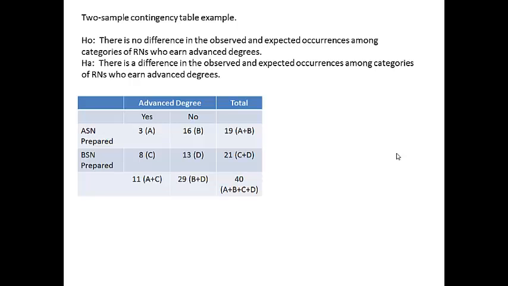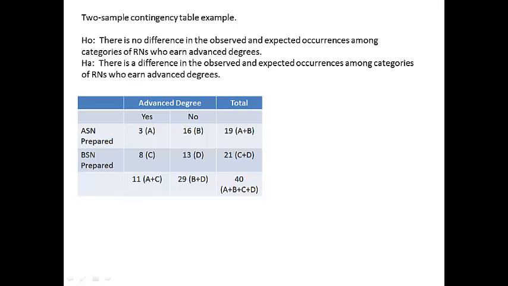We write our research and null hypothesis to reflect that research question, and we set our level of significance at 0.05, and then we write a contingency table. We can simply do yes or no here, and then we have two categories: the ASN prepared nurses who go on to get advanced degrees, and the BSN nurses that we observe, say maybe in a particular graduating class.